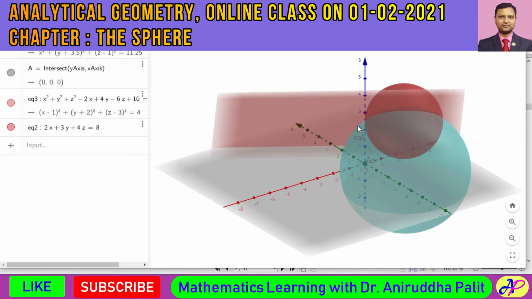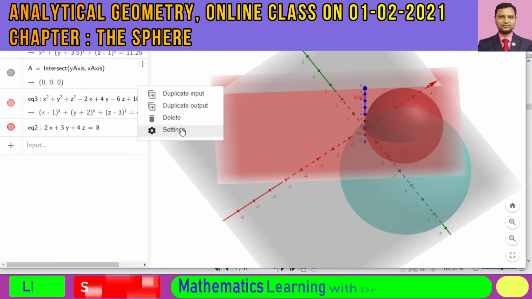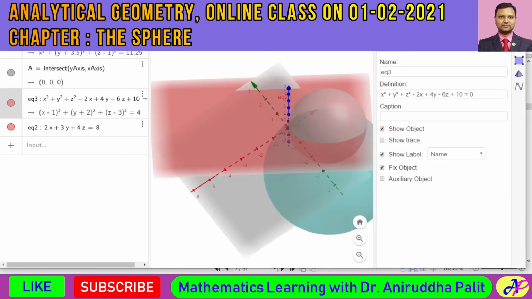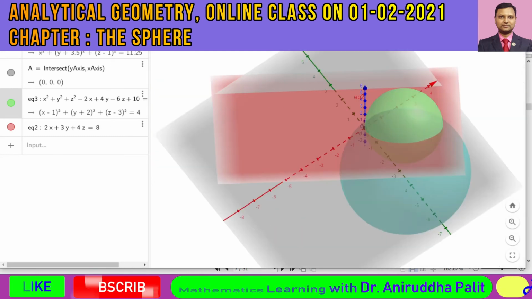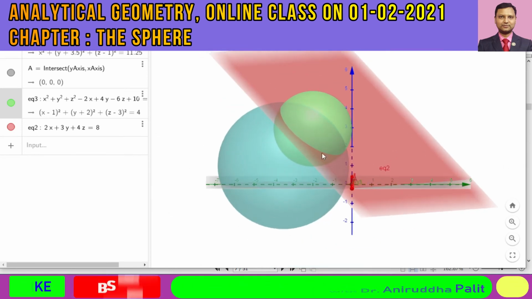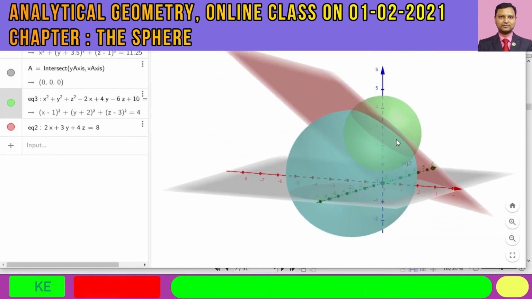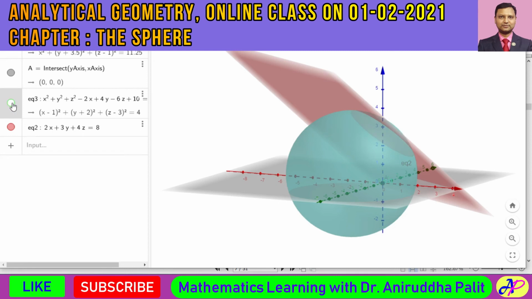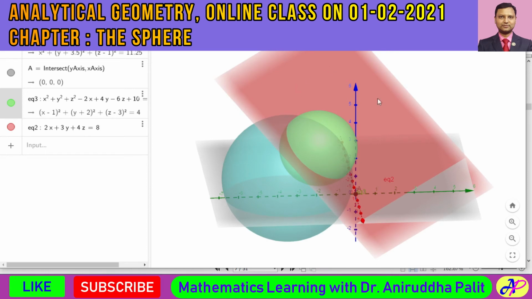Let us change the color to green. This green sphere is a sphere which has the great circle as the intersection of the given first sphere and this plane.